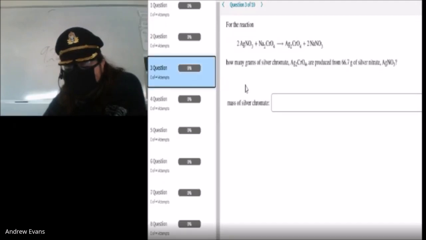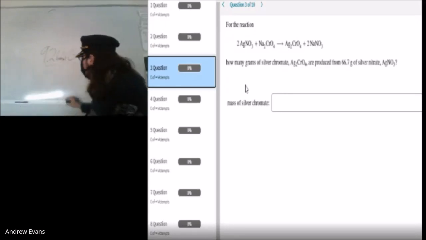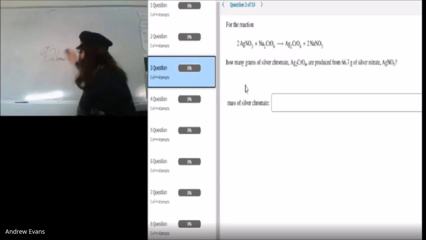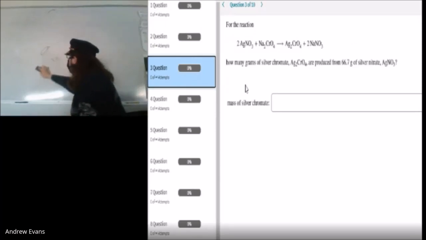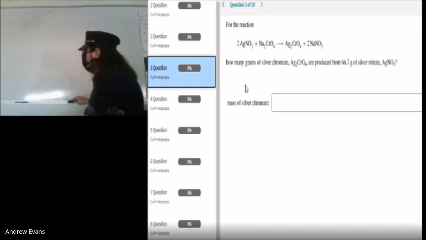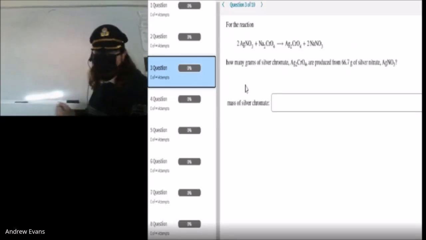So how many grams of silver chromate are produced by 6.67 grams of silver nitrate? So we are starting with grams of silver nitrate and working our way to grams of silver chromate.